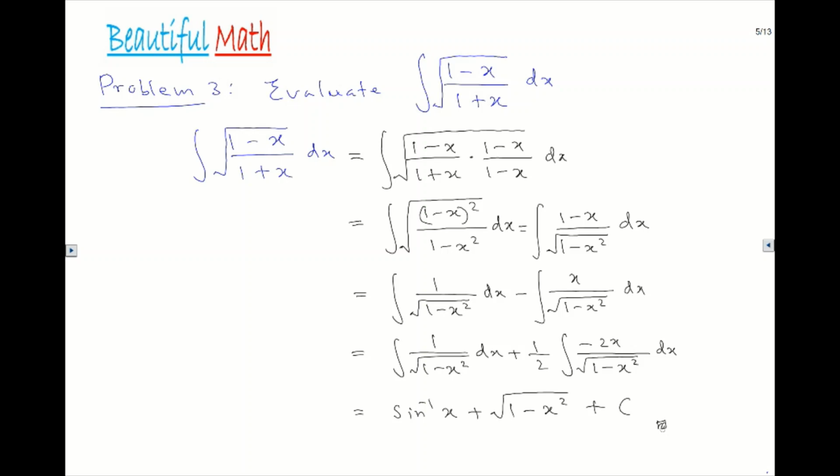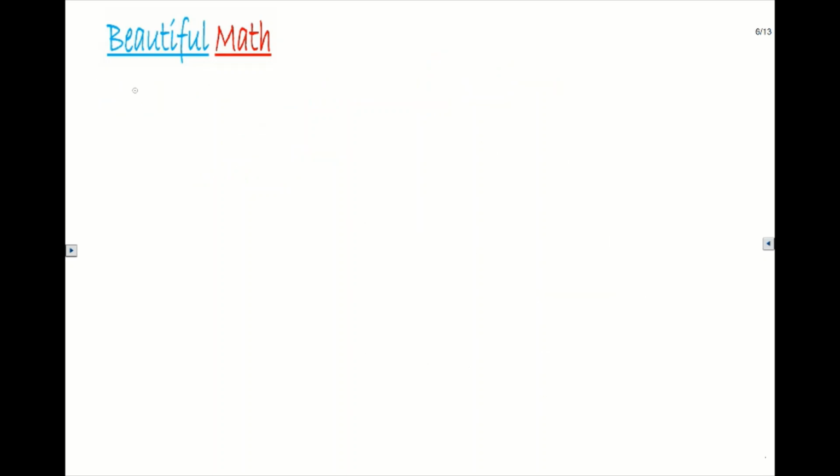So let's see whether there's another way to do this. For example, we can use a non-traditional substitution here. For example, you can say x equals sine theta. So we can say u equals sine theta, and then du becomes cosine theta d theta.